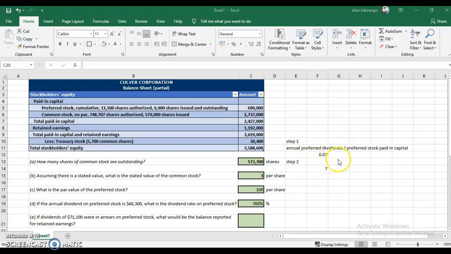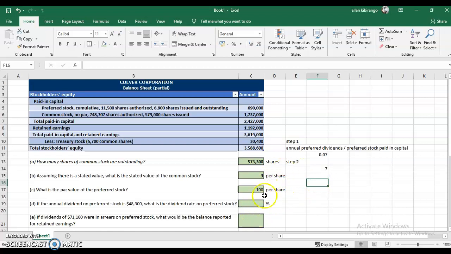So now step 2 would basically be getting this into percentage, which is this times 100, and it is 7%.